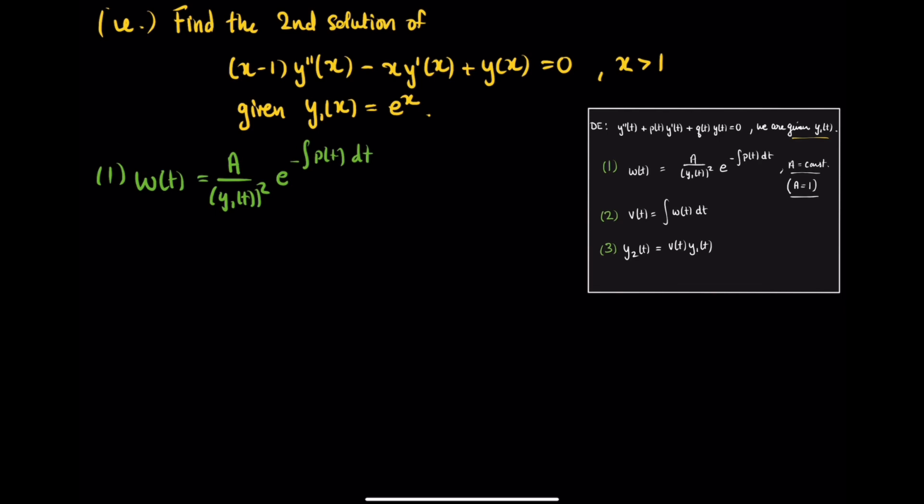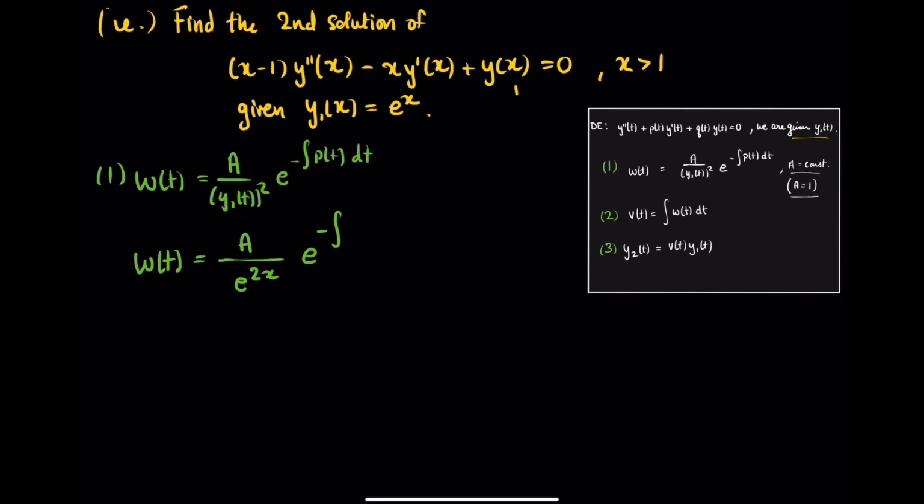So let's find W(t). W(t) is equal to a over y1 squared, so this is e^(2x), right, because we square. Keep in mind that this is in terms of t, but this differential equation is in terms of x. Then we have e to the minus p(t), but remember, this equation needs to be made into standard form.